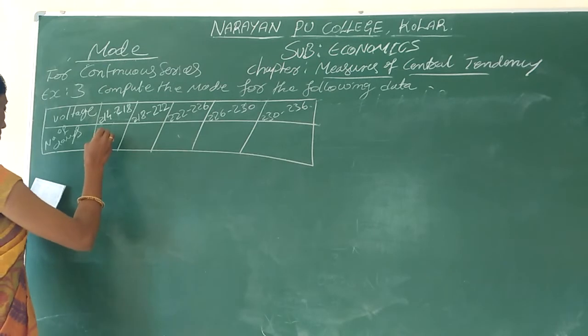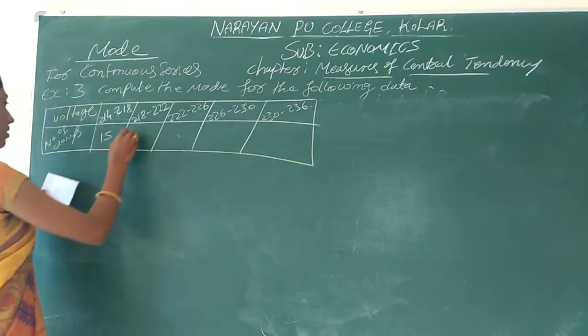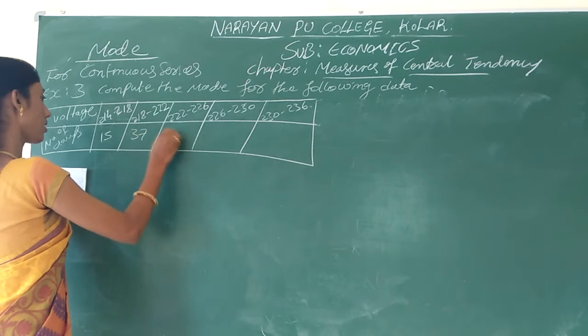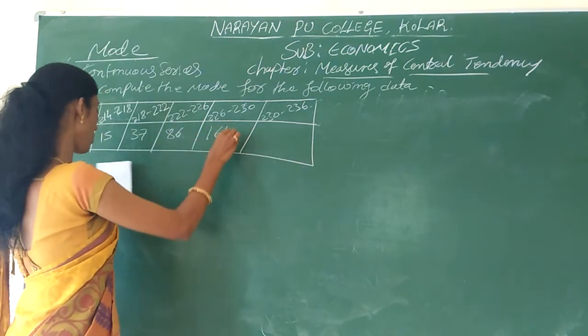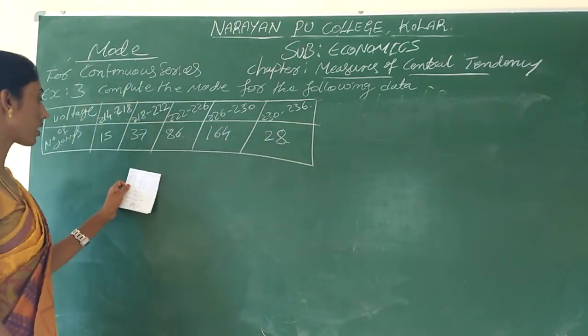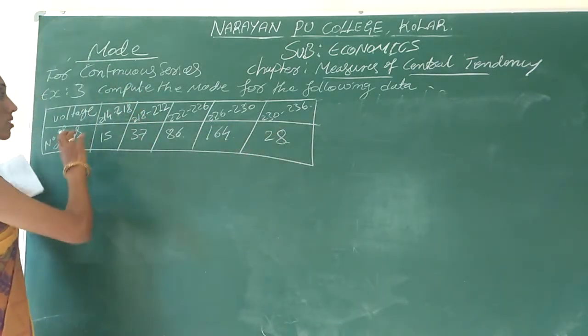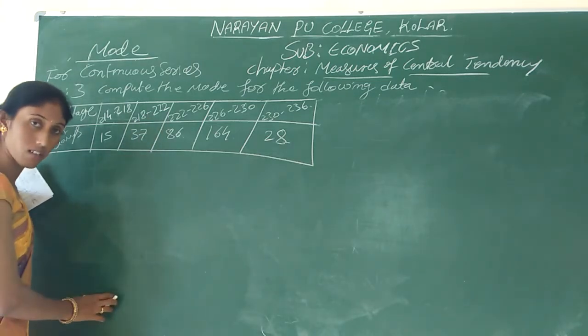And here number of days 15, 37, 86, 164 and 28. Got it? Now this data we need to arrange in the vertical rows.